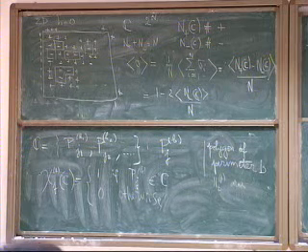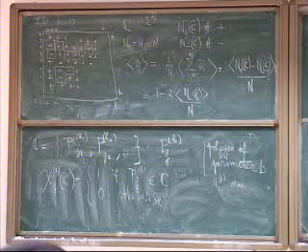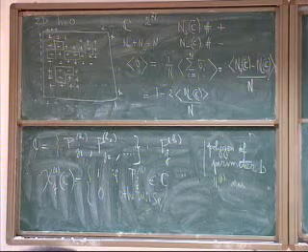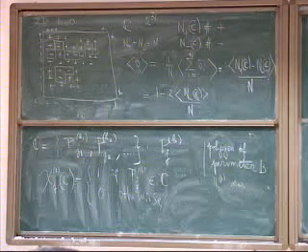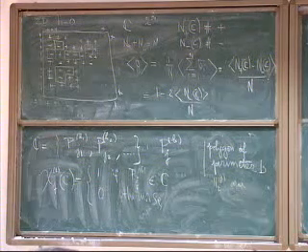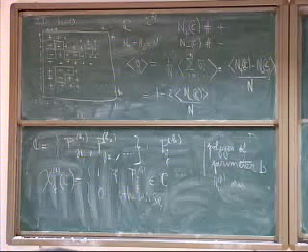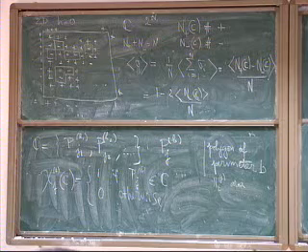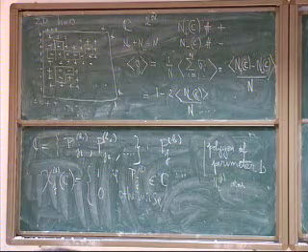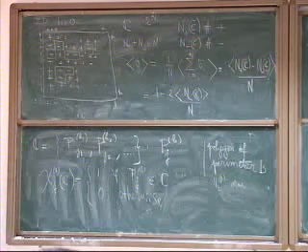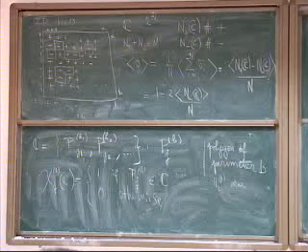This would be smaller than the number of sites in this rectangle, which has the same perimeter. And then, since I want to bound, I have a rectangle of perimeter B.